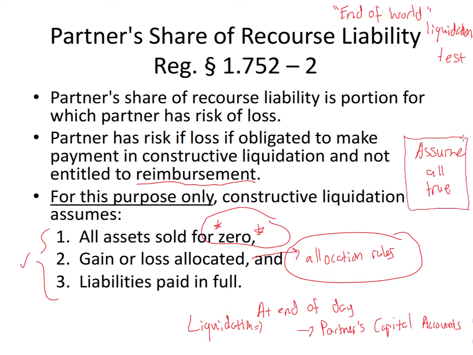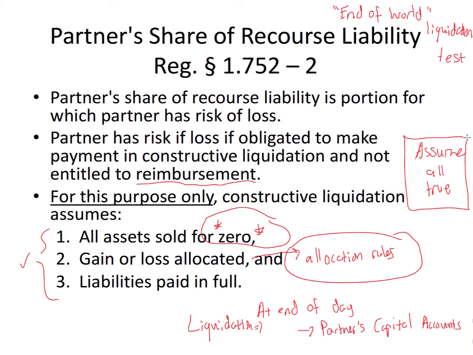You might ask, well, how can this partner agree to personally guarantee a certain amount when we know they don't have enough money? We still assume that it's all true, unless you're told that it's irrelevant. So don't worry, just assume that it's going to hold true.